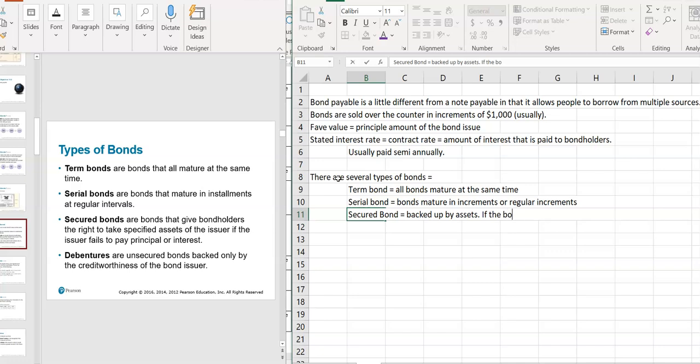All right, if the borrower doesn't pay, the bondholder can take the assets. This is kind of like your car. If you don't make the payments on your car, then they can come get your car. A debenture bond is unsecured.